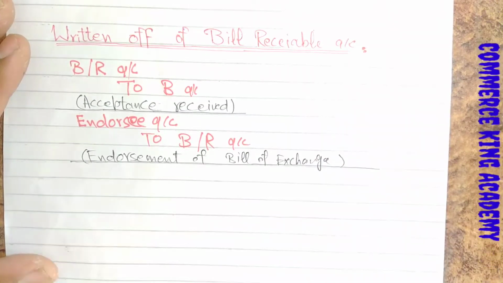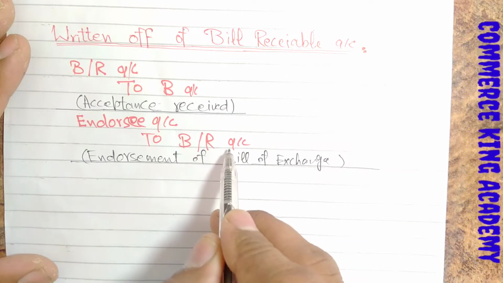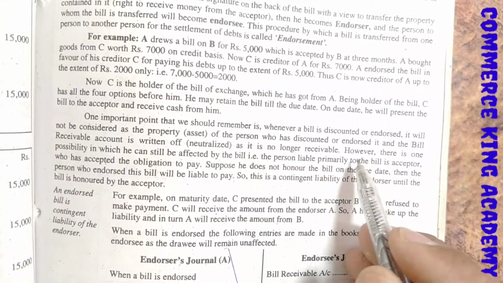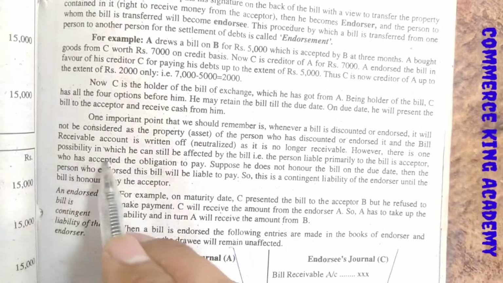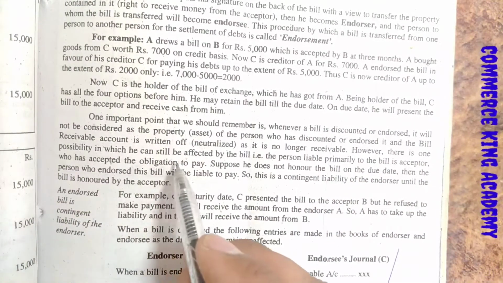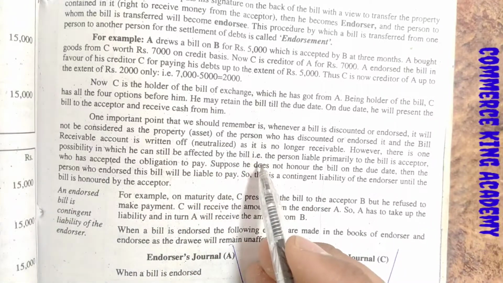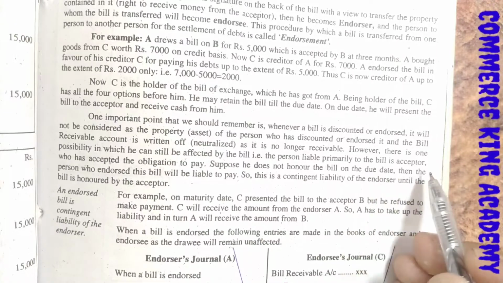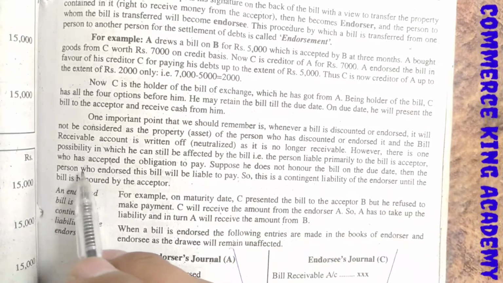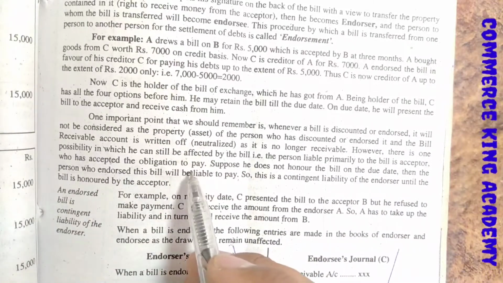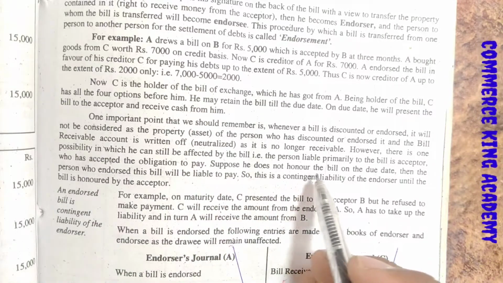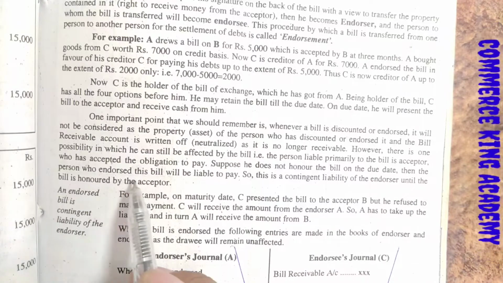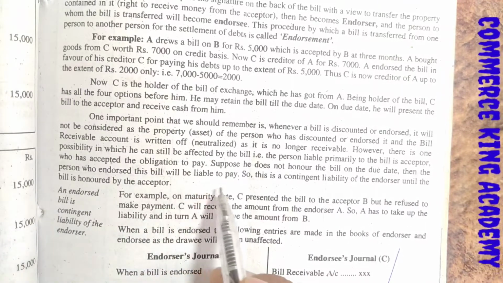Okay, you can see here the bills receivable account is written off. So what happened next? However, there is one possibility in which he can still be affected by the bill, i.e. the person liable primarily to the bill is the acceptor, who has accepted the obligation to pay. Suppose he does not honor the bill on the due or maturity date, then the person who endorsed this bill will be liable to pay.